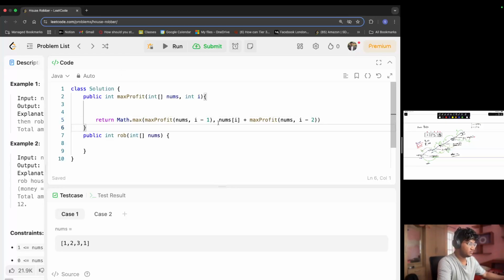So this is the one for picking it, and the other is for not picking it.